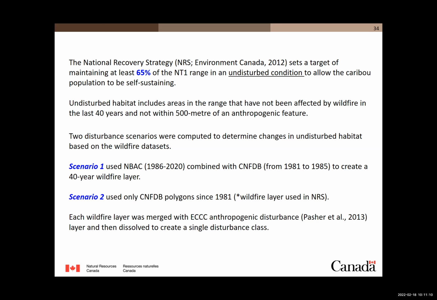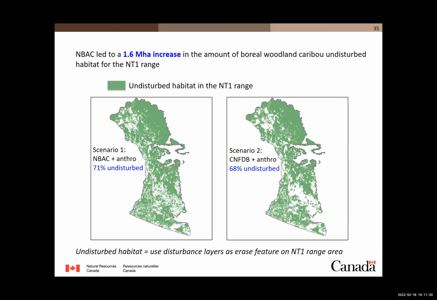And both wildfire data sets were combined with the anthropogenic disturbance layer produced by Environment Canada, which in the NT1 range is mostly seismic lines and roads. And then we dissolved it into a single disturbance layer. And in our results, we found that NBAC led to a 1.6 million hectare increase in the amount of undisturbed habitat for the NT1 range.